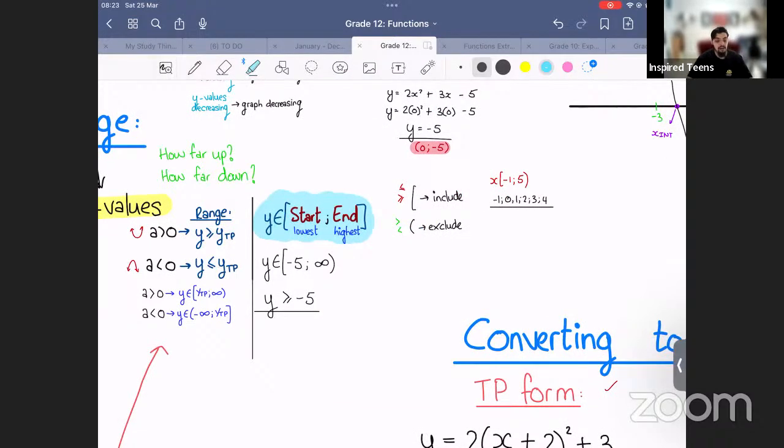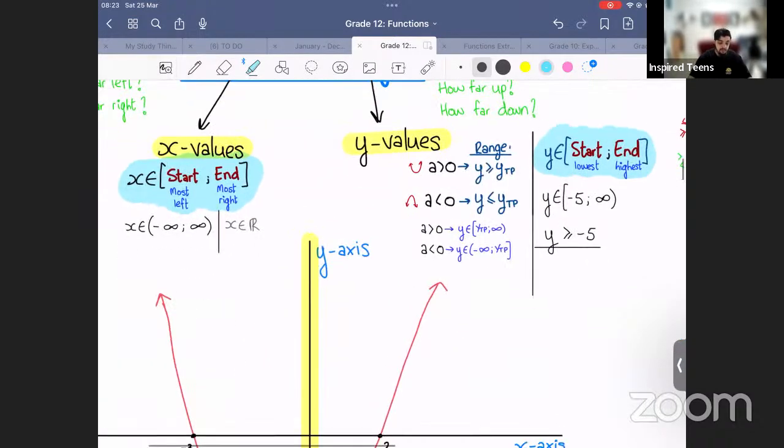Whenever you're expressing x values in interval notation, you can expect x is an element of your starting x value as your first digit and your ending x value. When we talk about x, your starting value is your most left value and your ending value is your most right value. When we talk about y, your starting value is your lowest value and your ending value is your highest value.